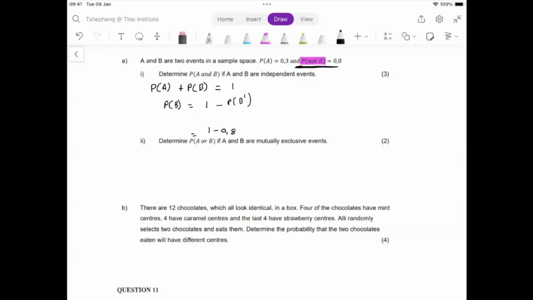B prime, because it's not B. There are other things in the sample space as well that I didn't account for. All right, now it means that the probability of B is how much? 0.2.